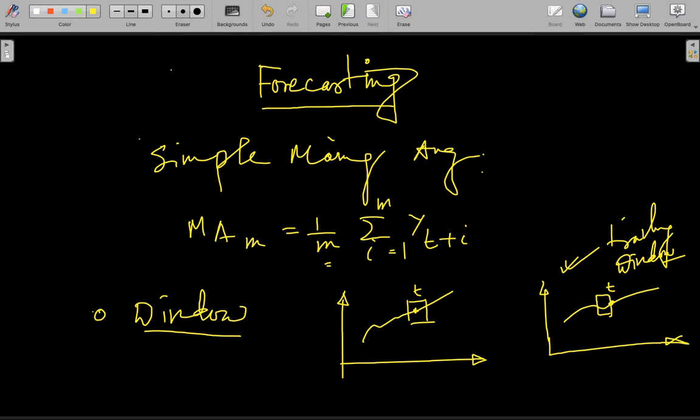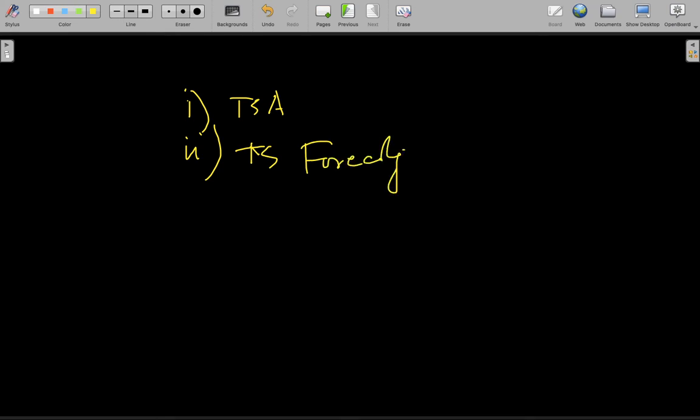Now, this moving average technique, we are familiar with it. It is used for both time series analysis as well as for time series forecasting. Here we are going to see particularly the forecasting part. Now how do we do it?